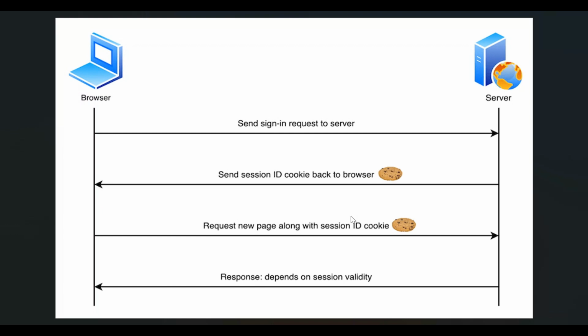This cookie might look like a random string of letters and numbers, but it's not random. It's the key that tells the server, this user is authenticated, this user is logged in, this user has permissions, and this request is part of the same session. So instead of asking for your username and password every time, the website simply checks your cookie.